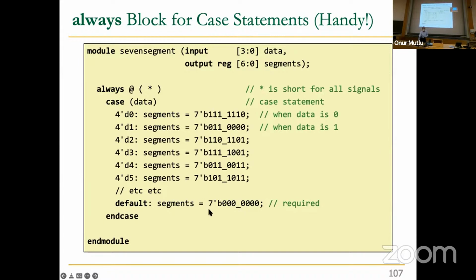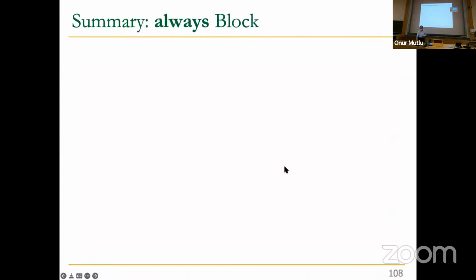This ensures that in all possible cases, segments is assigned based on this default, because you may not declare all possible values of the data on the left-hand side over here, and then you default to the default case. So this is again combinational, and this is a case statement, as you can see. Based on the value of the data, you do an assignment to segments. And then clearly, you can add more inputs over here, right? Some other logical statements, but we keep it simple over here.